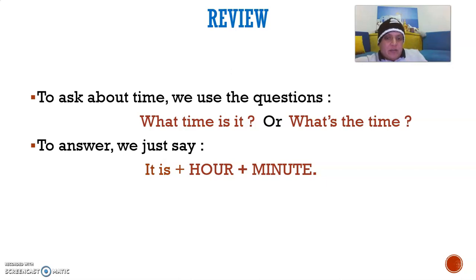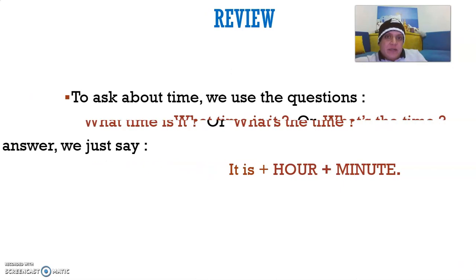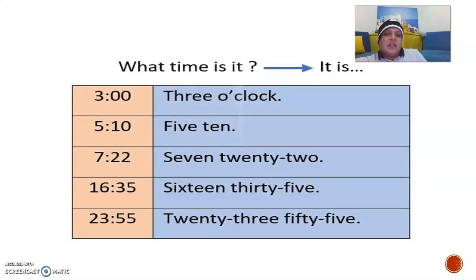Past and to. All right, let's go on. Again, this is an example. What time is it? This is an example of what we already did. It's 3 o'clock. We said 3 o'clock because we don't have any minutes. We have 2 zeros here. We don't say it's 3:00. We say it's 3 o'clock.